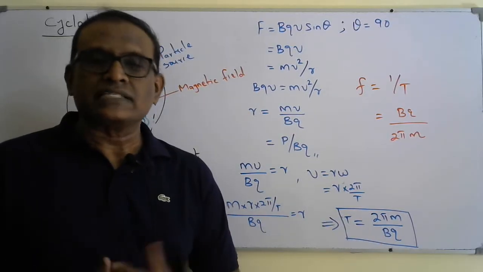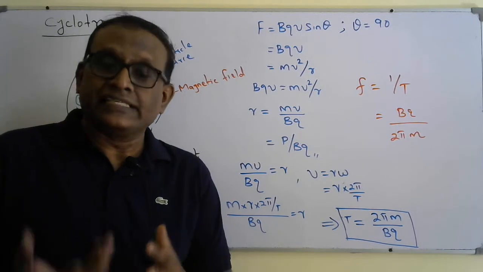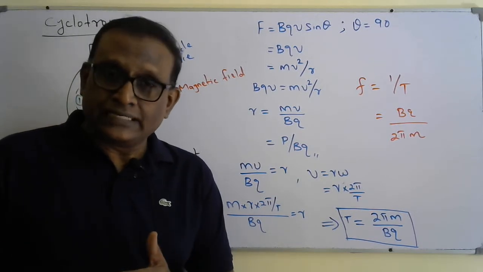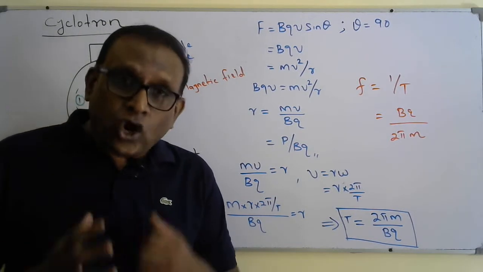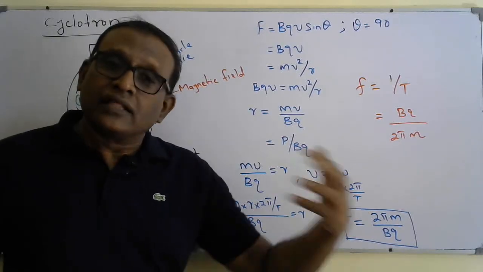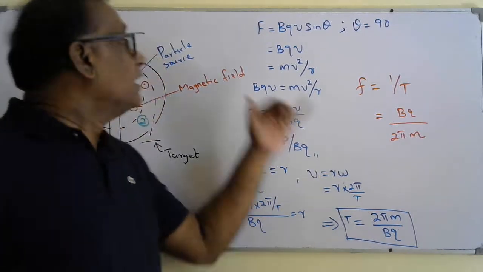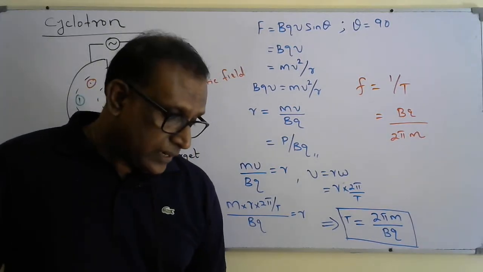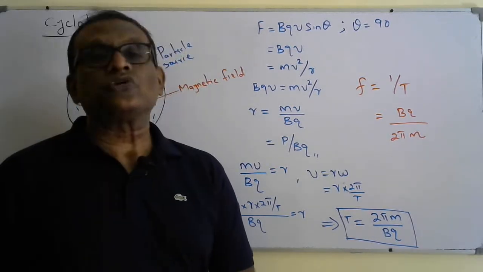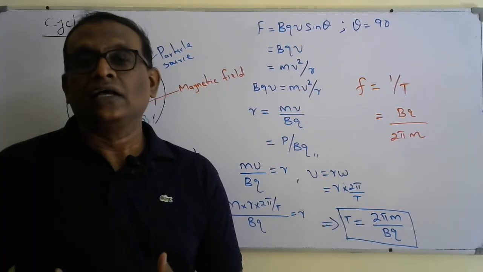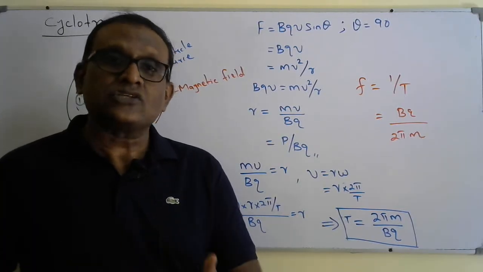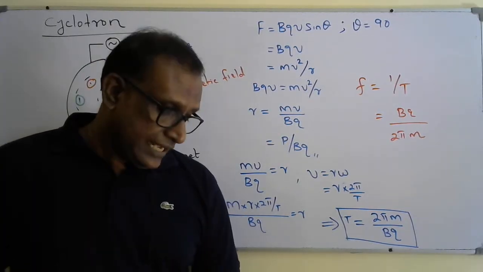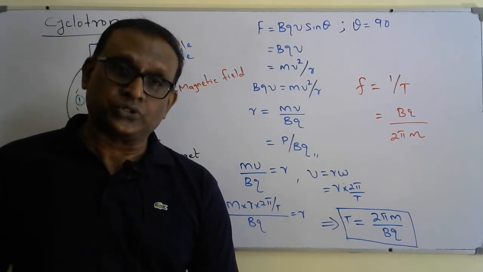By using sensors, they monitor the variation in time period of the circular motion of the particle, and according to that variation, they change the time period of the AC signal also. That technology is used in the synchrocyclotron. The particle accelerator which keeps that technology is called a synchrocyclotron.